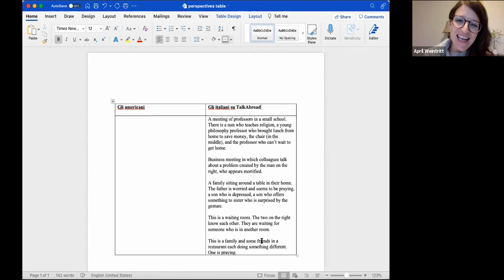But in any case, this perspectives activity is an activity that we consider a partner activity with a native speaker. We use Talk Abroad. We have inclusive access for textbooks at Ohio State, and so we are able to ask our students to spend extra money on Talk Abroad conversations.